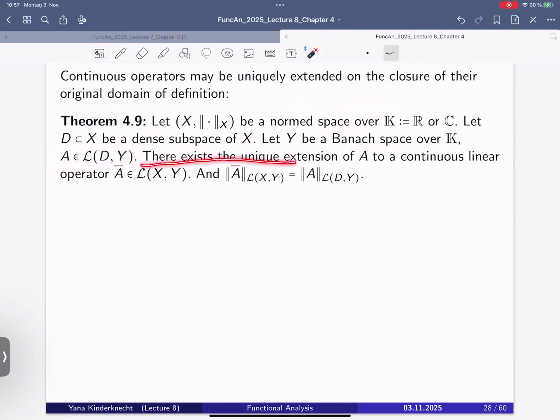Then there exists a unique extension of A to a continuous linear operator, not from D, but from the whole space X. And the norm of this extension is the same as the norm of the original operator.